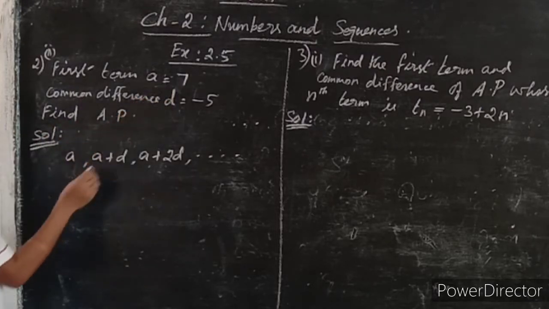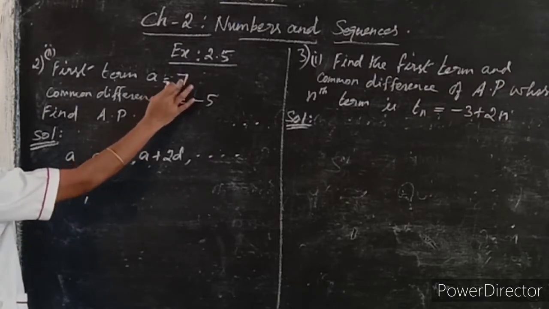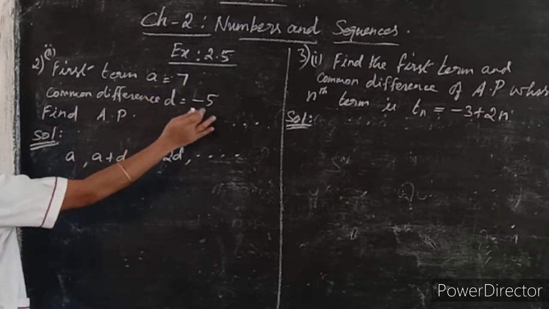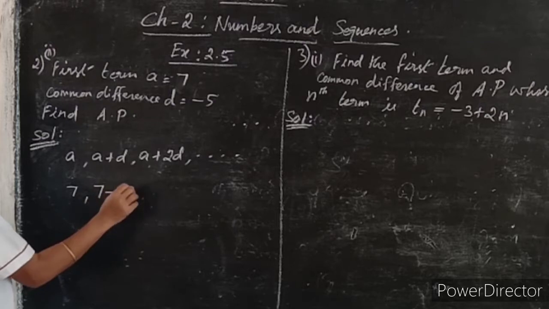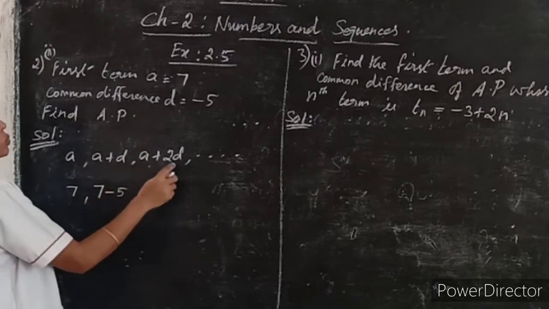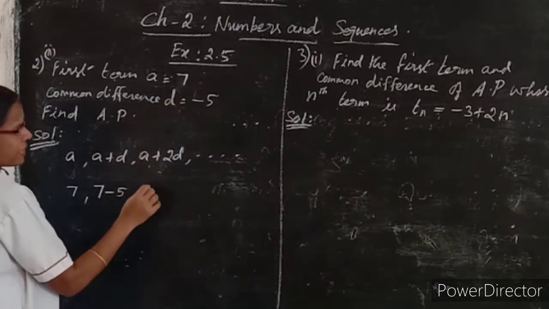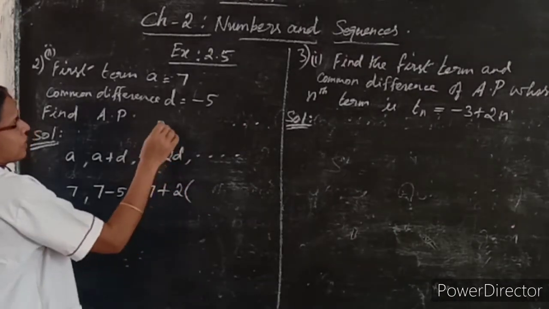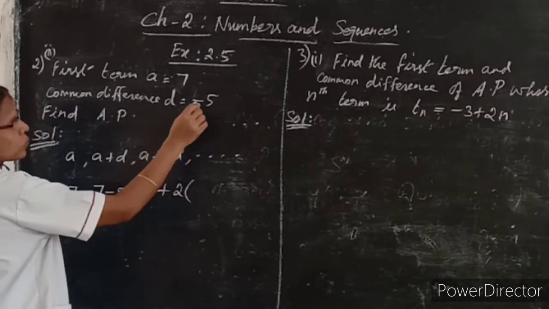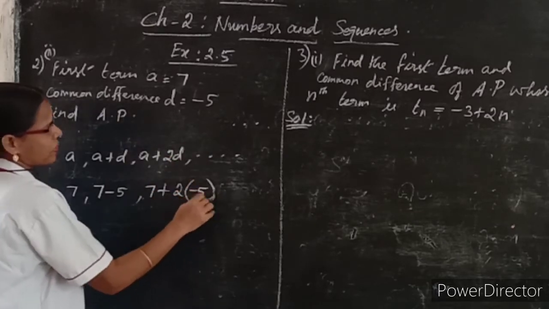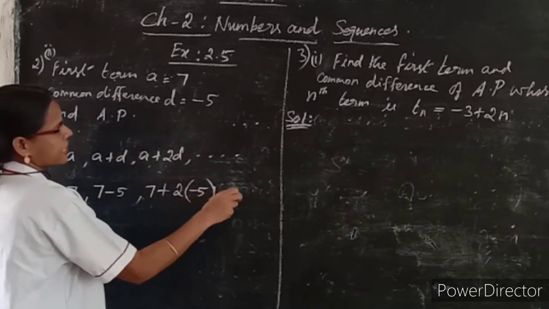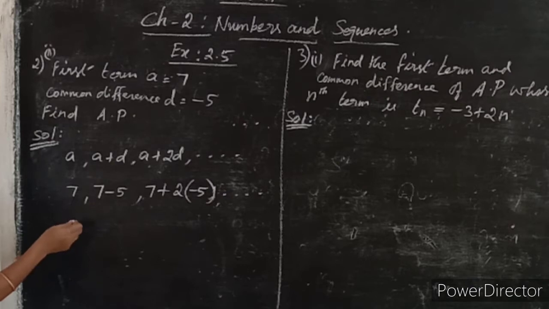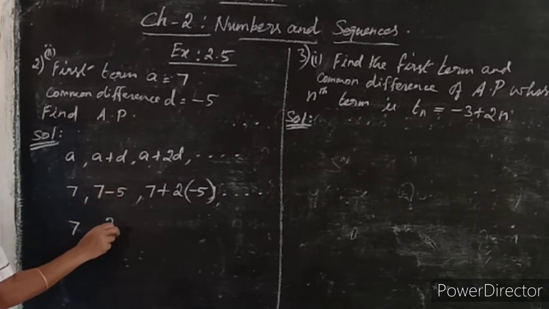Here a is 7. So 7, comma, a plus d. That is 7, d is minus 5, so minus 5. Comma, a plus 2d: a is 7 plus 2 into d, so 2 into minus 5, etc. So 7, comma, 7 minus 5 is 2.